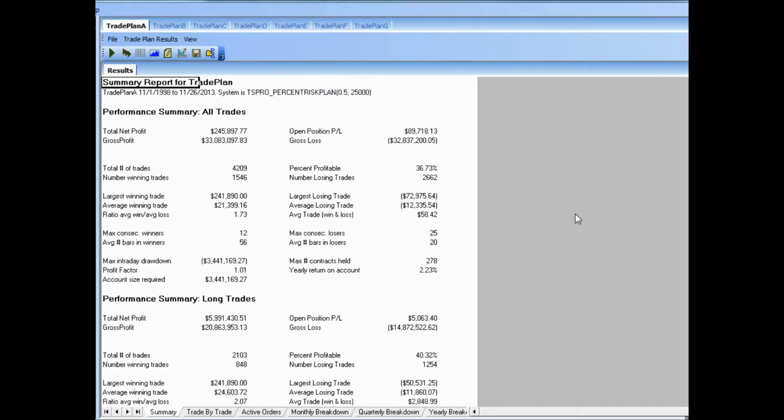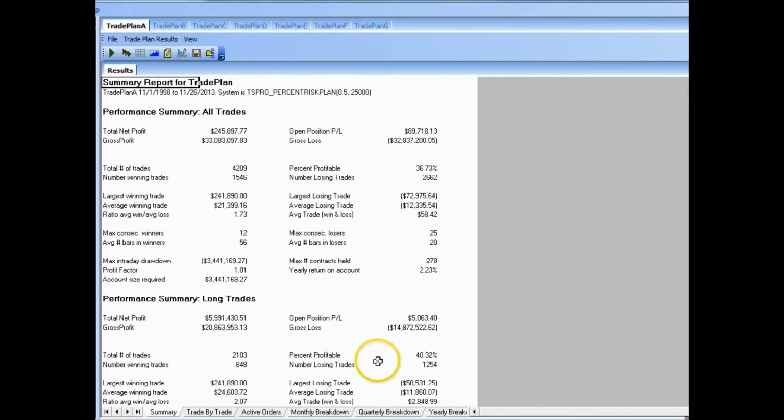So these are the results of that basic model going back to about the year 2000, and we made about $246,000 on 4,200 trades. In all of these systems that I'm going to show you the results of, we used a figure of $25 per round turn for commissions and $75 per round turn for slippage.